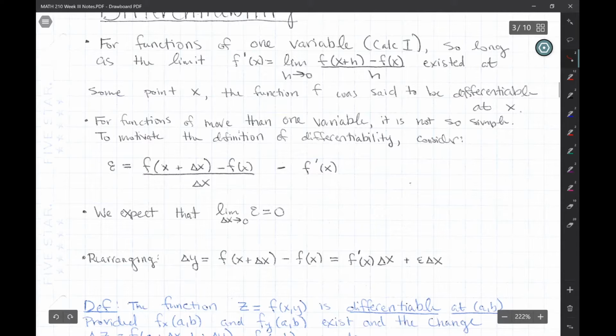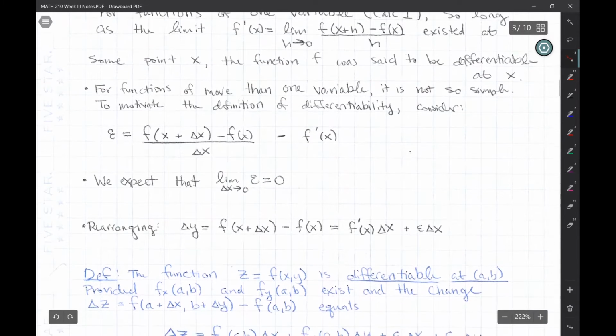As delta x goes to 0. So this h could be thought of as just this delta x, and we expect that the limit of epsilon as delta x goes to 0 is also equal to 0, basically telling you that as delta x goes to 0, the slope of the secant line should approach that of the tangent line.